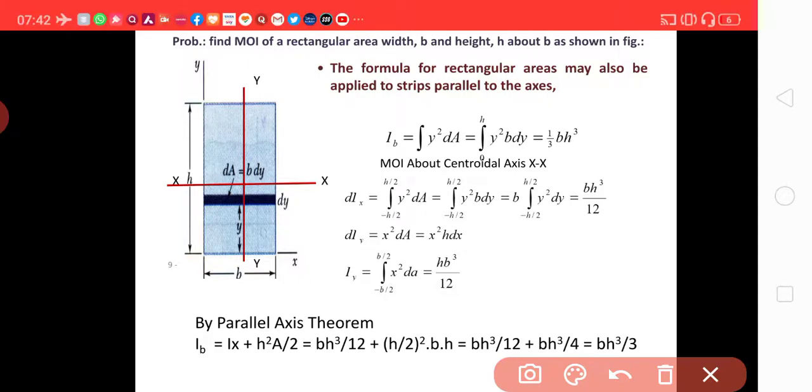Here apply the first formula, the method of integration, IB equal to integration y square dA, considering the small strip of thickness dy and width b. The area becomes b into dy. Then IB equal to integration y square dA, on applying the limit 0 to h, it becomes bh cube by 3.